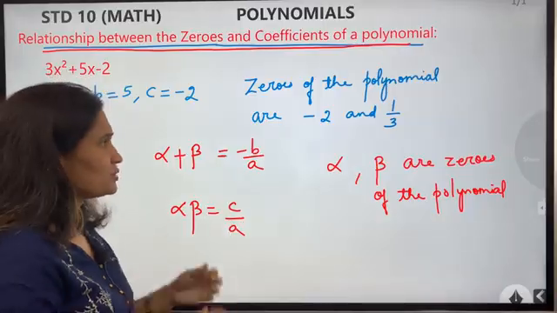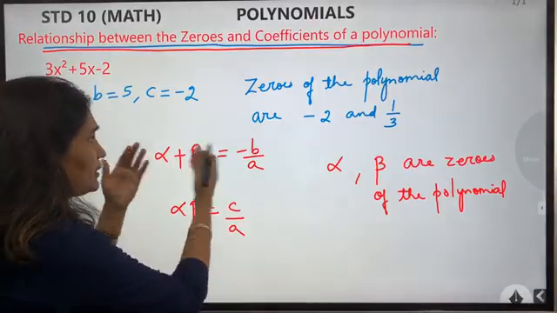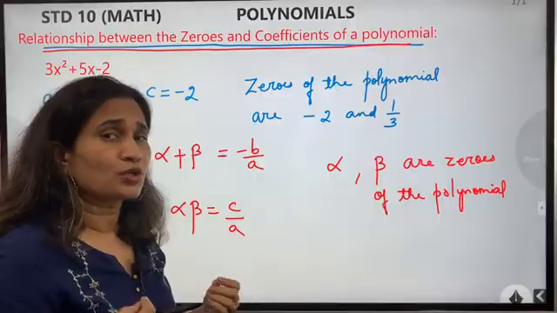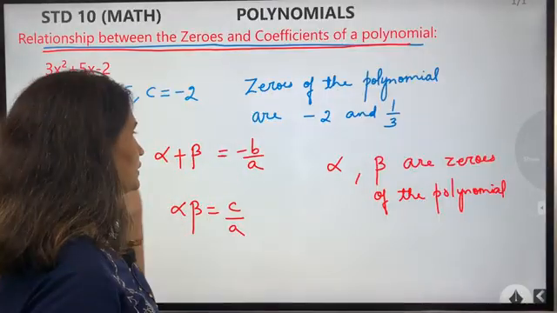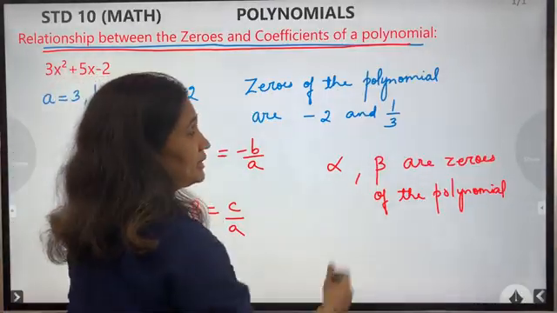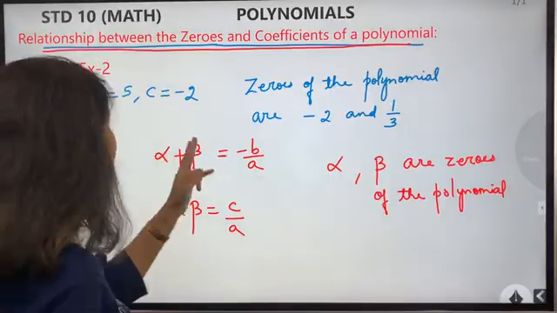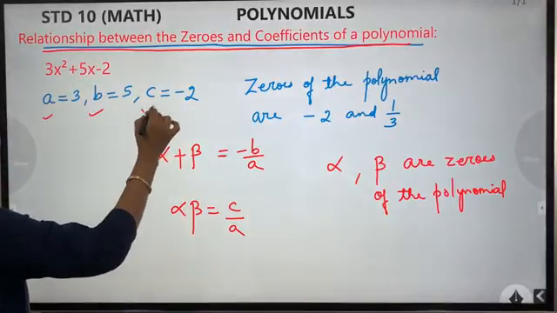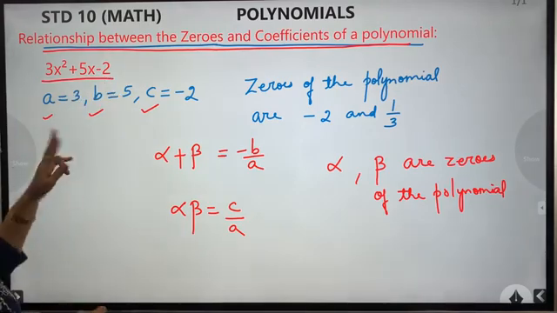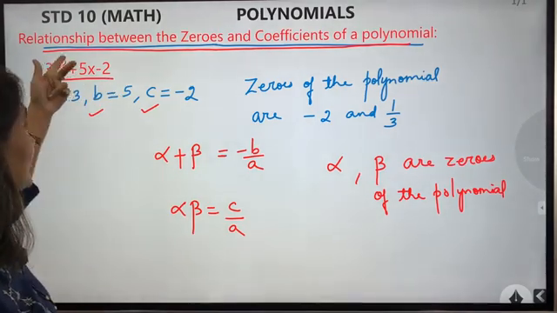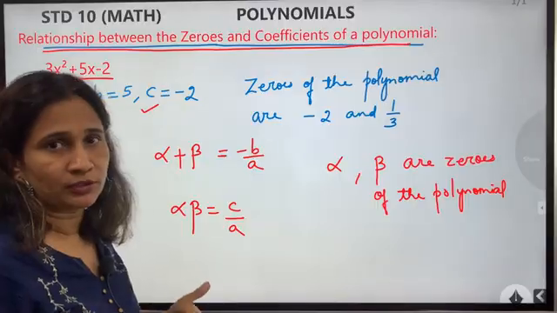So just by directly writing these equations, you yourself can set up a relation between these two. But just don't forget that alpha, beta are the zeros of the polynomial, wherein a, b and c, you must know that they are the coefficients respectively of x square and x and a constant for a given polynomial.